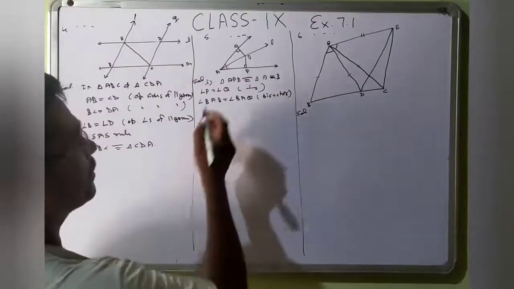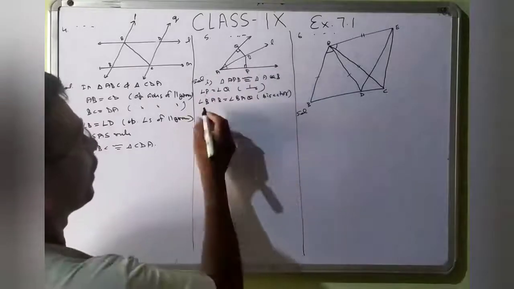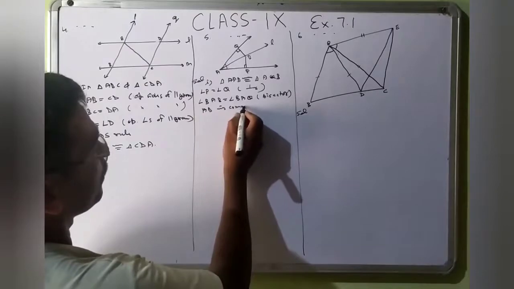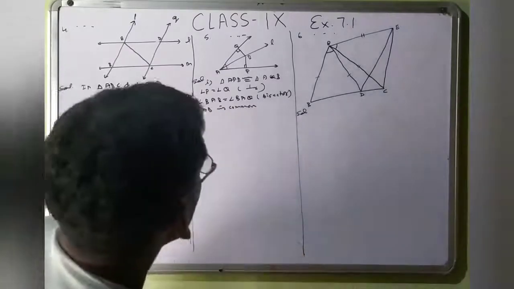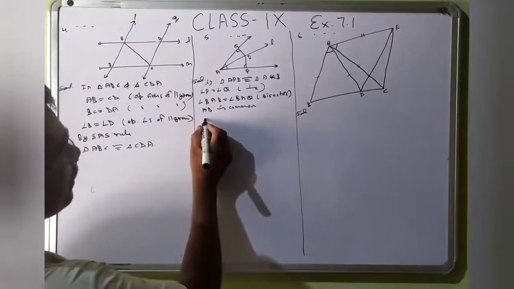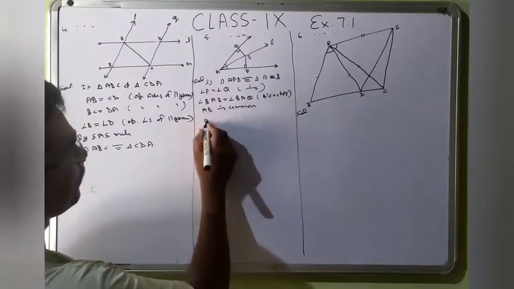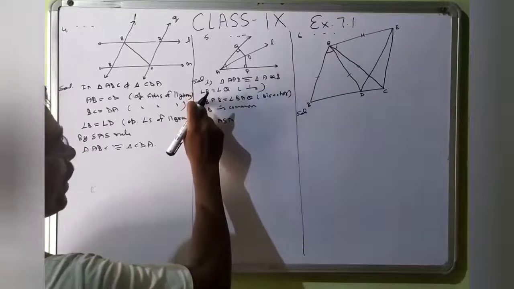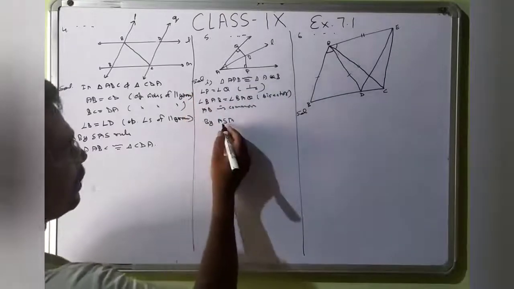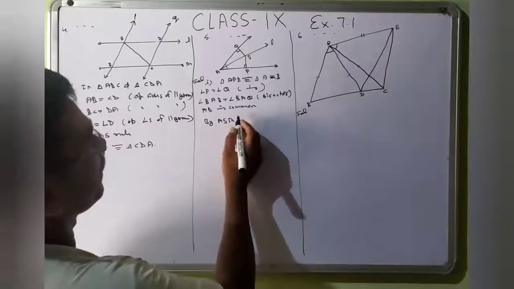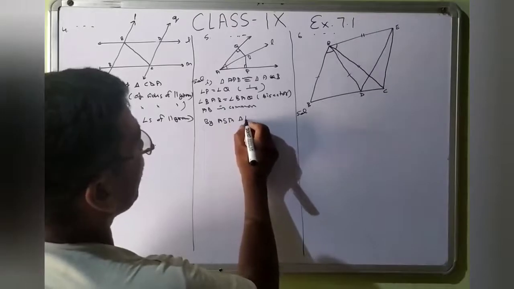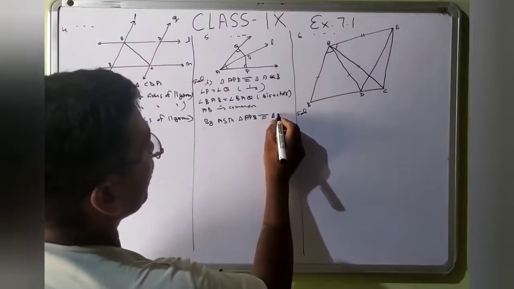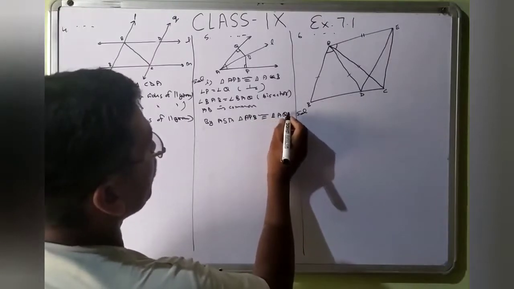If this is the bisector, it means both angles will be equal. So AB is common. In that case, by ASA, it means two angles are here and one side, triangle APB is congruent to triangle AQB.